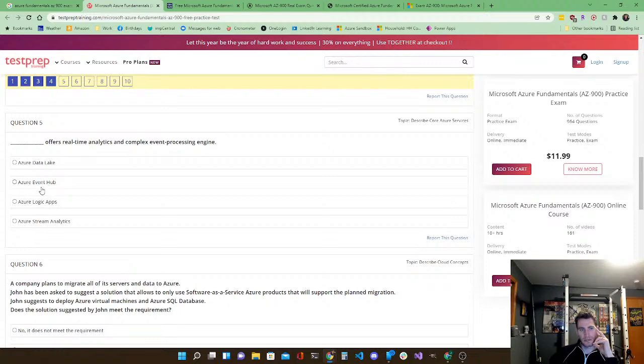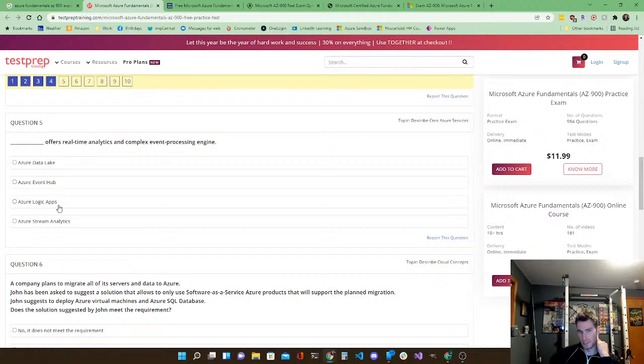The Event Hub, I'm pretty sure that is more of an IoT solution for dealing with different kind of IoT events and doing analysis on it. It's close, I think. I'm not sure if that's it.